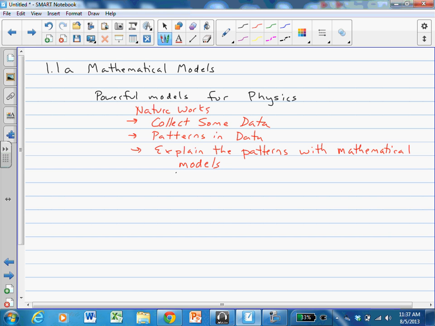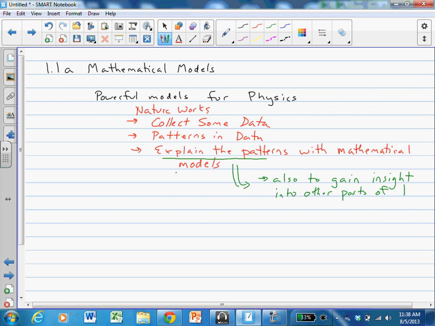You can also use the mathematics not only to explain the patterns, but also to gain insight into other parts of the problem.